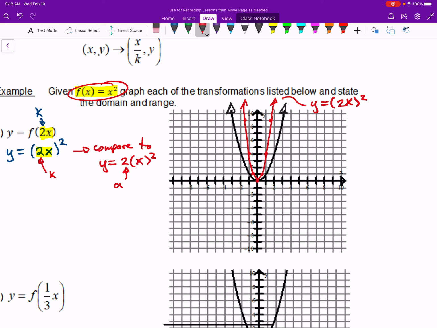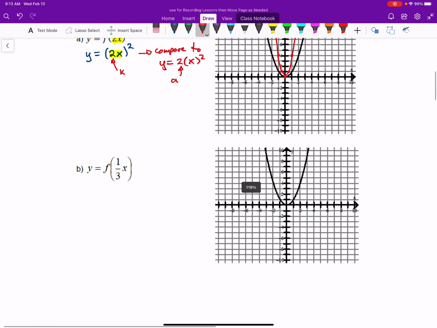So that's how k-values work. A k-value that's bigger than 1 is going to become skinnier. So a k-value of 2 will make the parabola half as wide. A k-value of 3 would make it 1/3 as wide because I'd be dividing by 3. A k-value of 10 would make it 1/10 as wide, very skinny looking because we're dividing by 10.